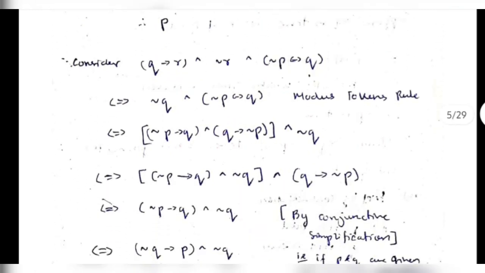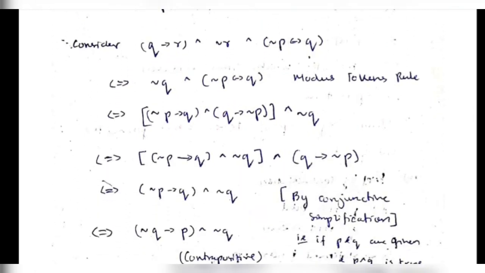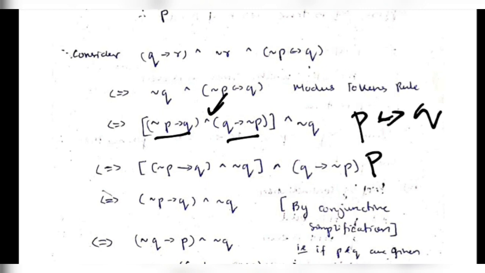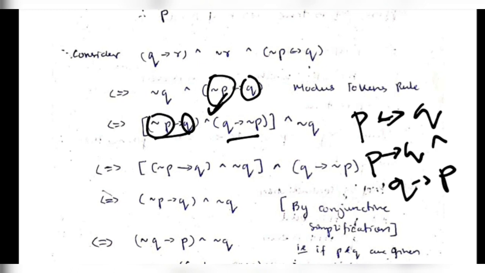Then after that we will be expanding this biconditional using conditional statements in this form. If it's p biconditional q, that can be written as p conditional q and q conditional p. In that way, not p biconditional q can be written as not p conditional q and q conditional not p.